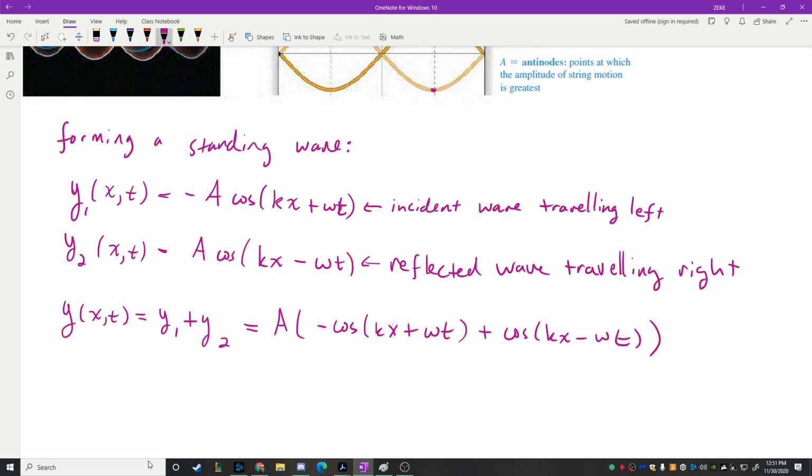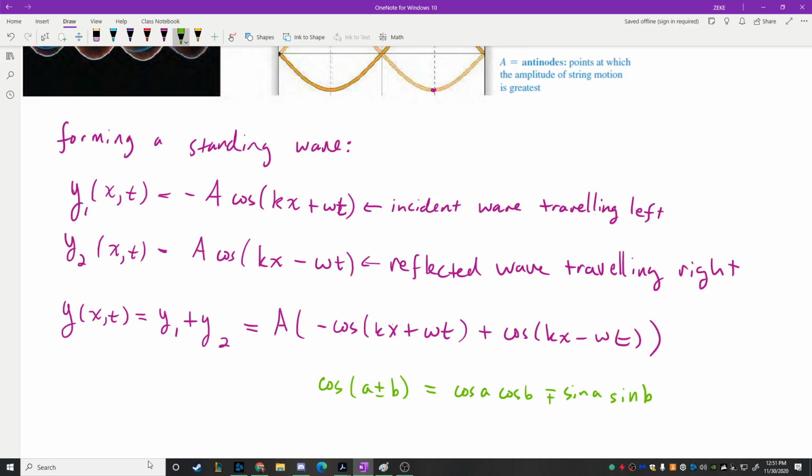Now what we can do is combine these two things together. The way that we're going to combine them would be to use the sum formula. Cosine of a plus or minus b is equal to the cosine of a cosine of b minus or plus the sine of a times the sine of b.